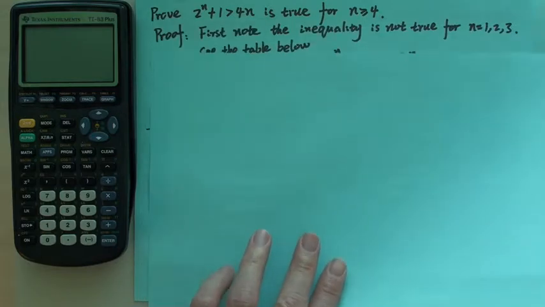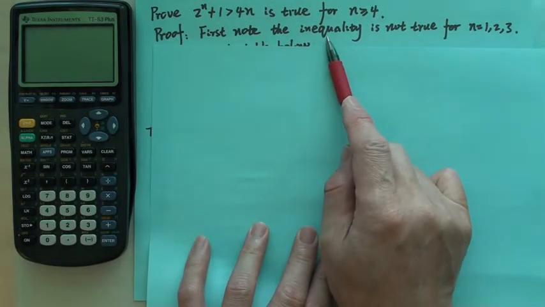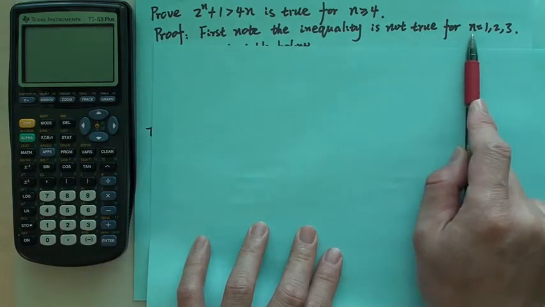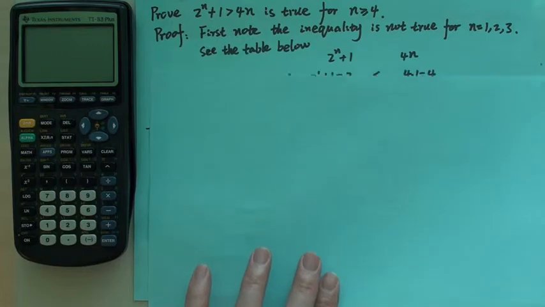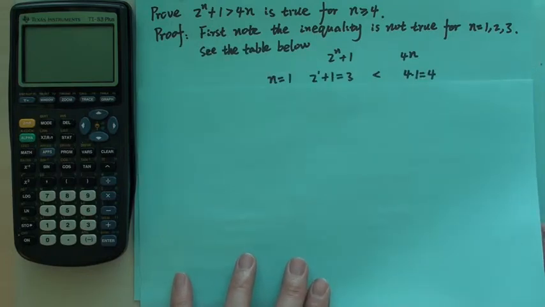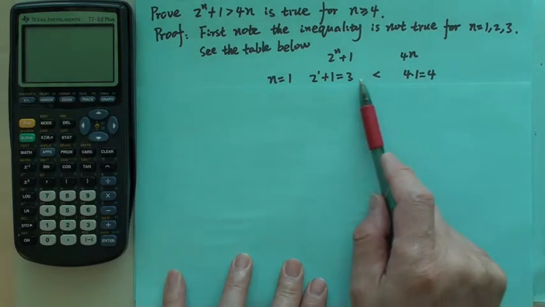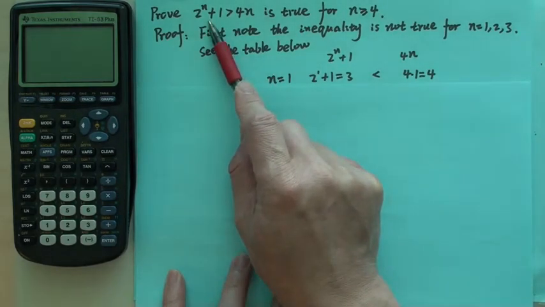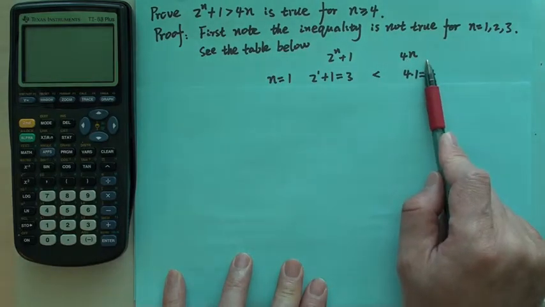Now, first we need to note that the inequality is not true for n equals 1, 2, 3. Why? Look at this table. The left-hand side is 2 to the n plus 1. The right-hand side is 4n.